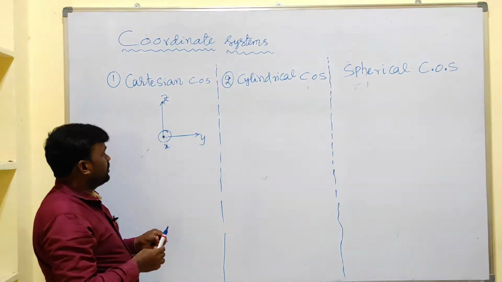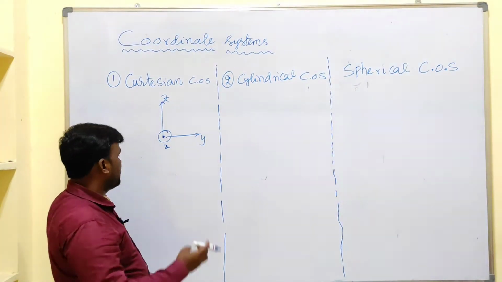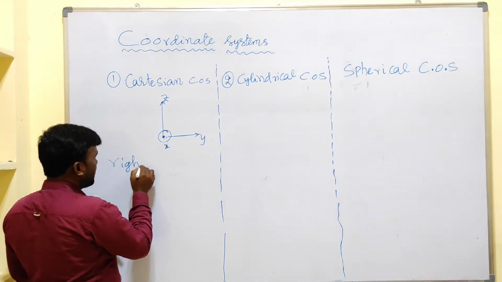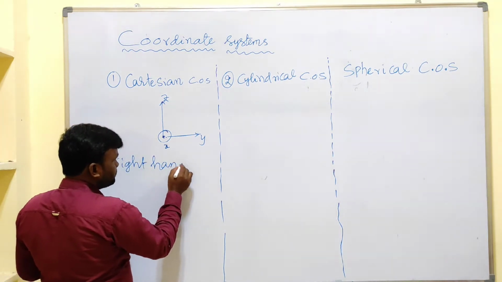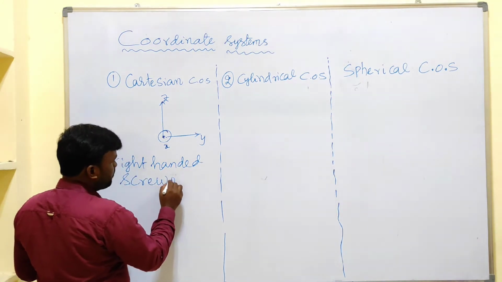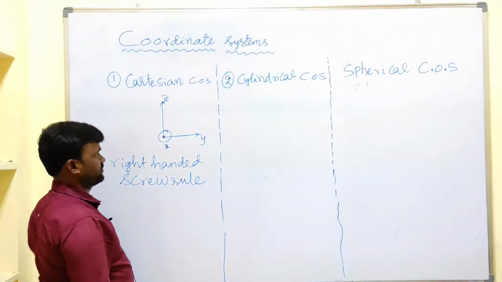So this orthogonal coordinate system satisfies what? Right-handed screw rule. It is applicable to all the coordinate systems, all the orthogonal systems.